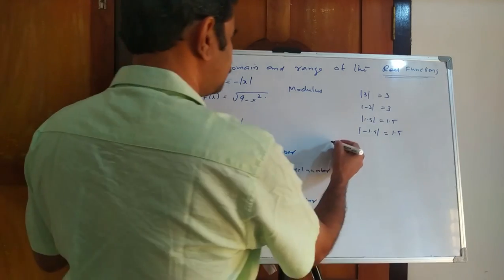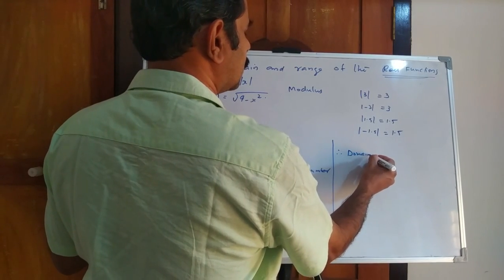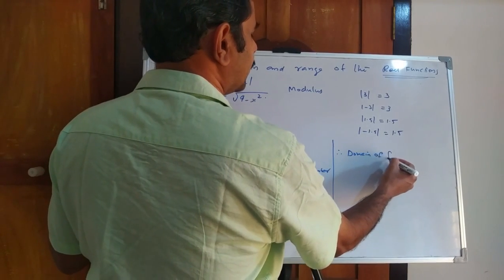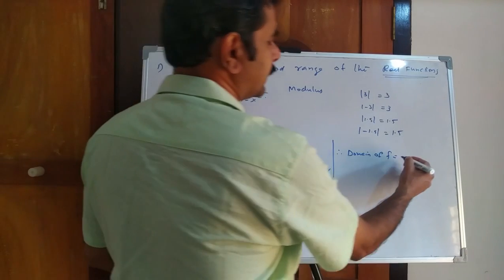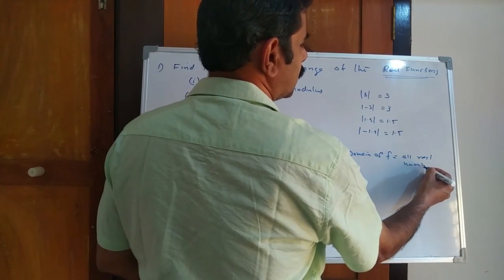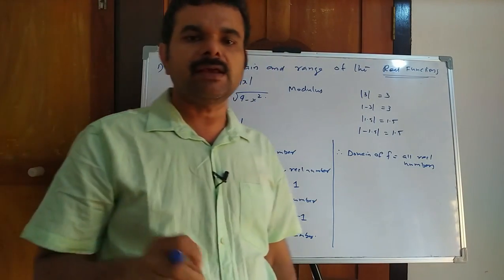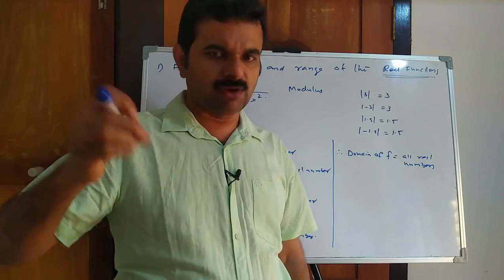So what will be the domain? Therefore, the domain of f means all real numbers. This means all real numbers can be assigned as the x values.